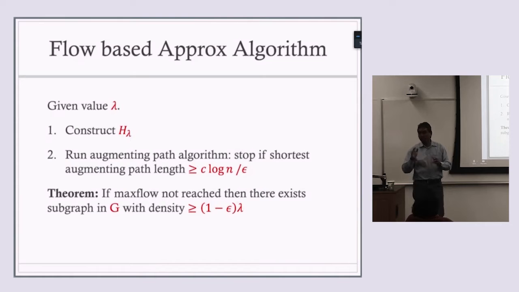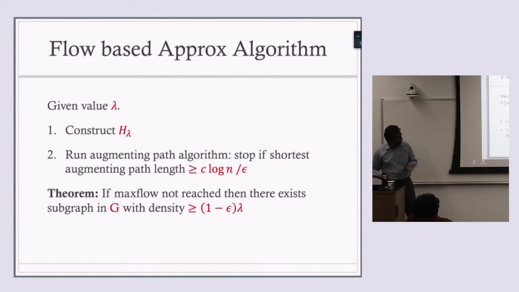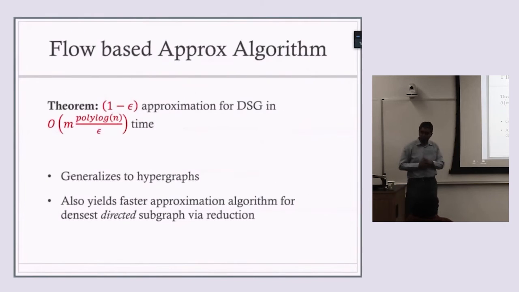I won't say anything about the details, but that's a thing to take away. You also get a theoretically nice running time. It improves the state of the art, but I find the structural result more interesting than just improving the running time. So that's all I'll say about a flow-based faster algorithm.